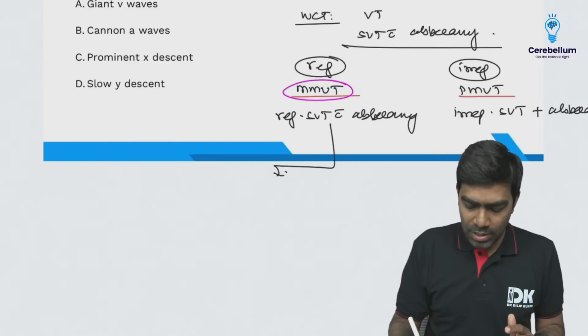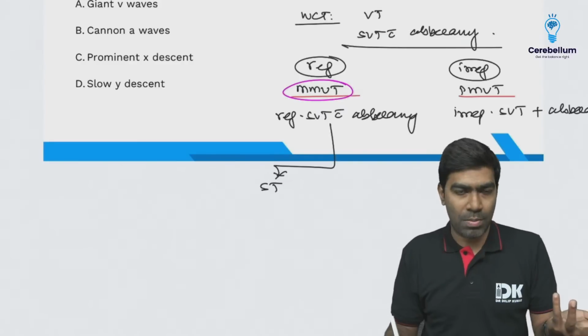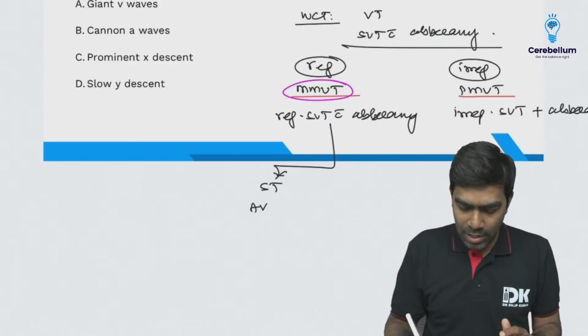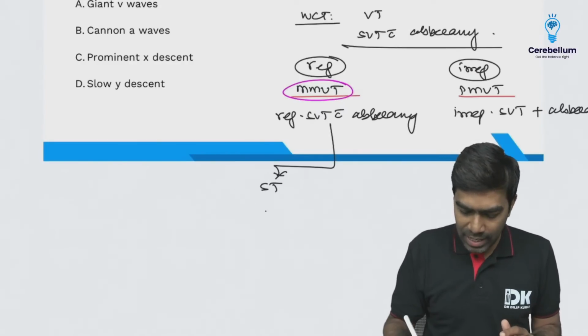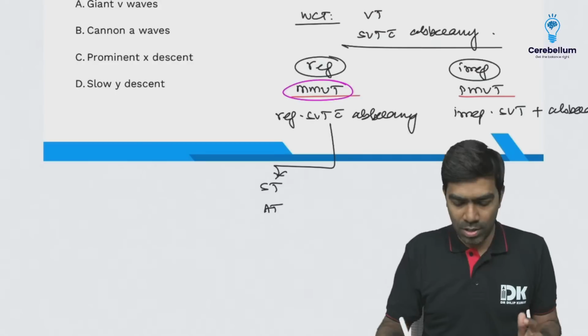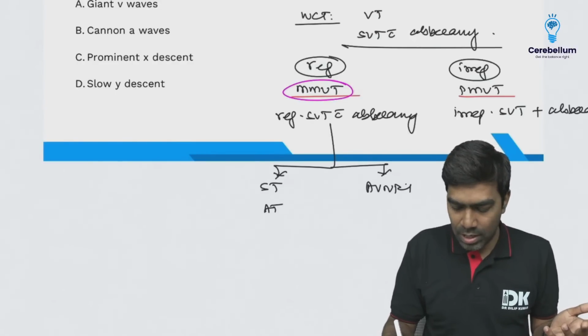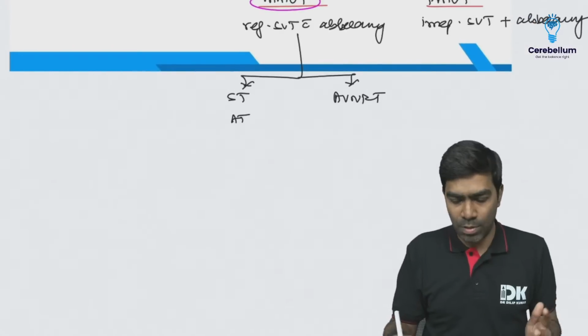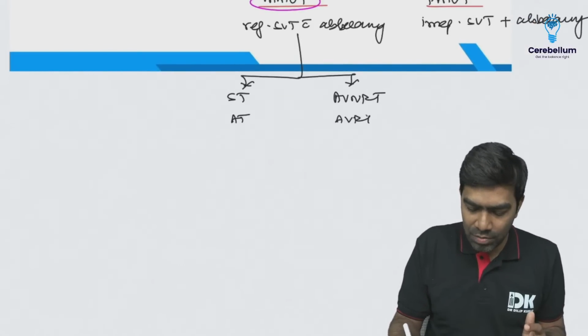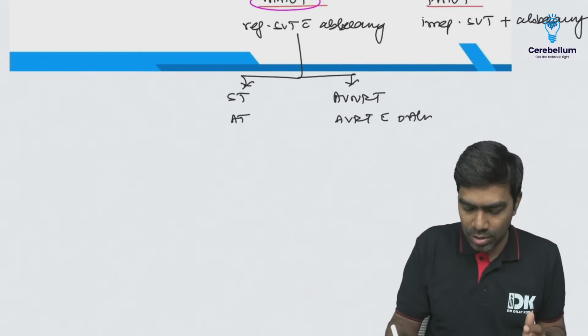It could be just a sinus tachycardia with a bundle branch block, or an atrial tachycardia with a bundle branch block, or AVNRT, AV nodal reentrant tachycardia, with a bundle branch block, or AVRT with antidromic conduction.